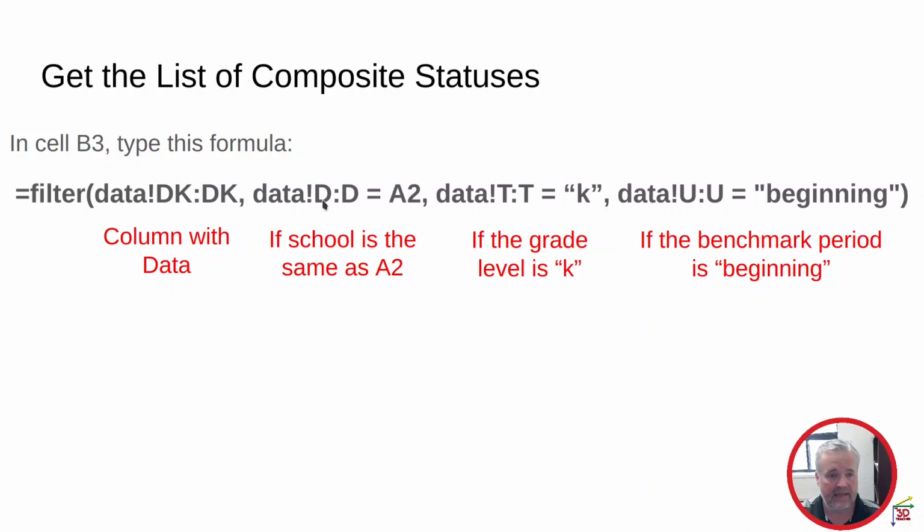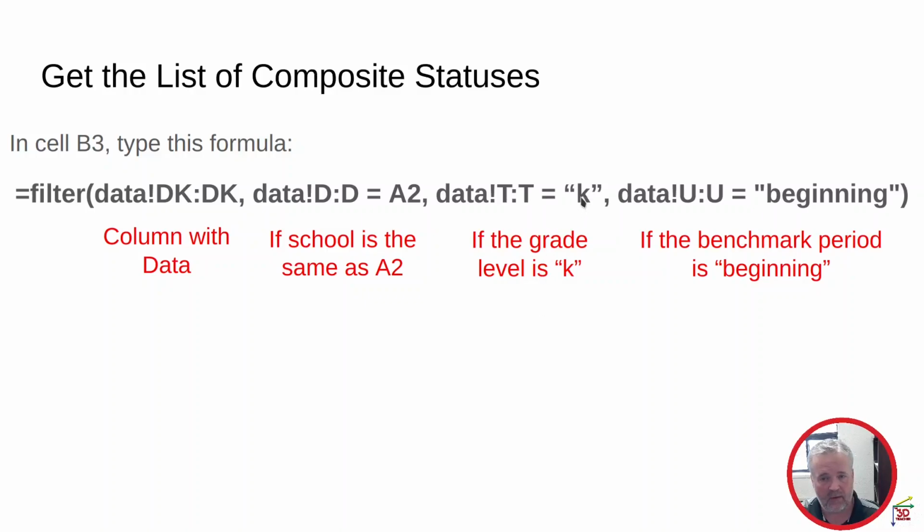So data D to D is our school column, and we're going to reference cell A2, which is our first school. So if the school name is the same as A2, it's going to return the composite statuses. Then we're going to add another condition: data T, column T, equals K. So we want the kindergarten kids.